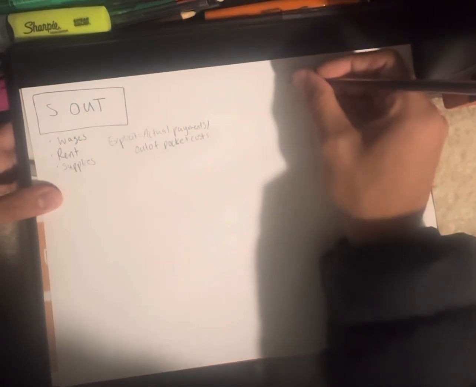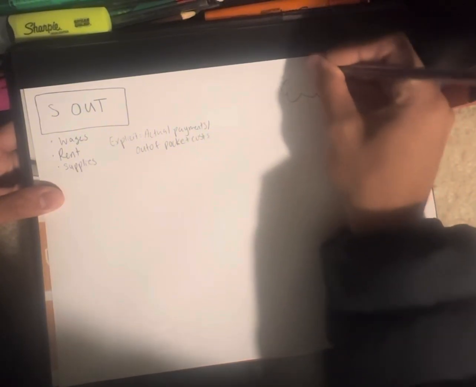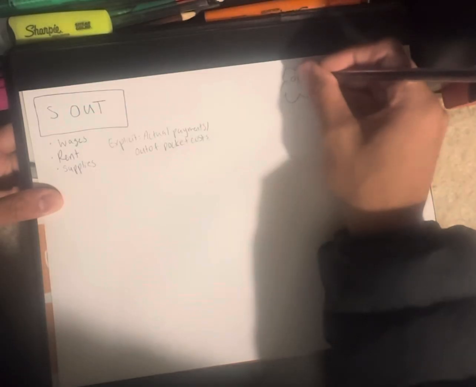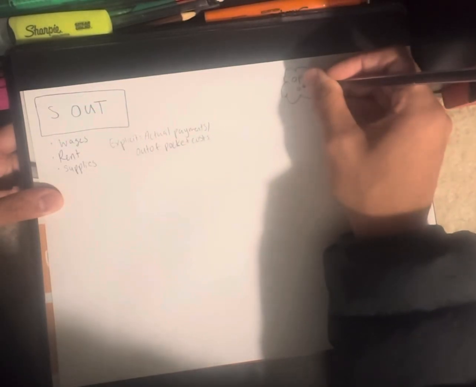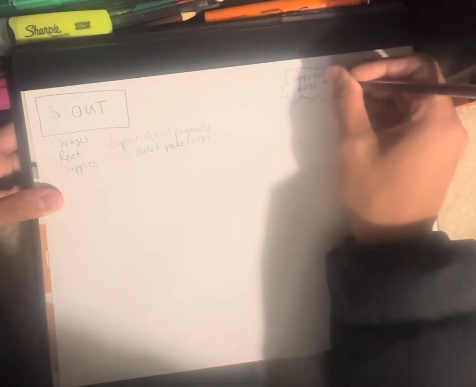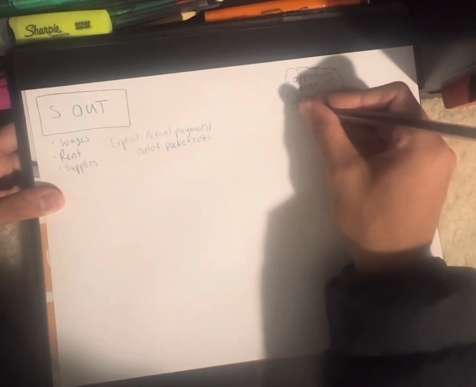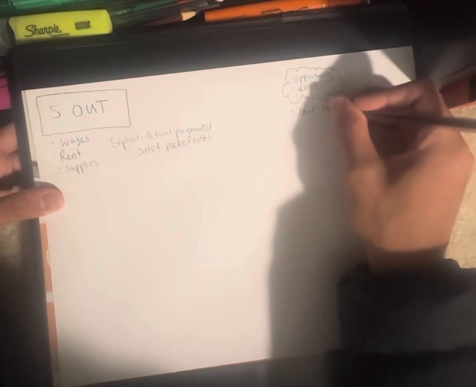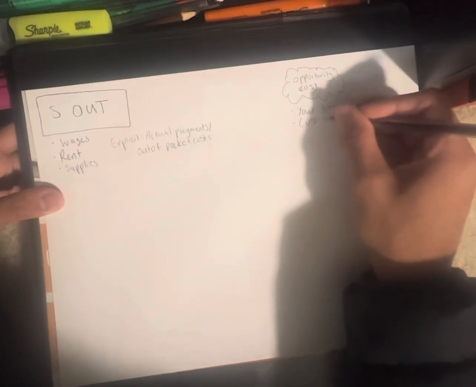Now we're going to be moving on to the implicit costs. Implicit costs are different because they don't involve cash actually leaving the business. That's why I'm drawing a cloud with opportunity cost inside, because clouds represent ideas or thoughts, because implicit costs are what you give up and not what you actually pay.